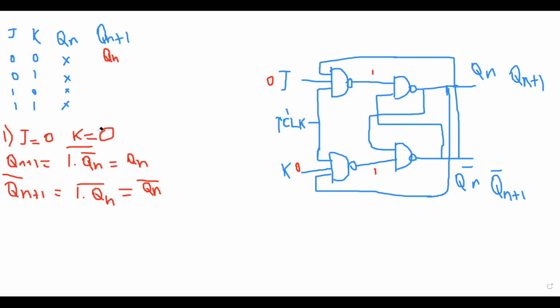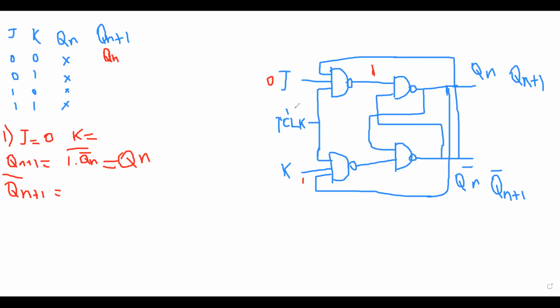Then move to the second condition, or second state. The second state is K equal to 1. So now you can see here 1, and 1 into Qn bar whole bar is equal to Qn here.